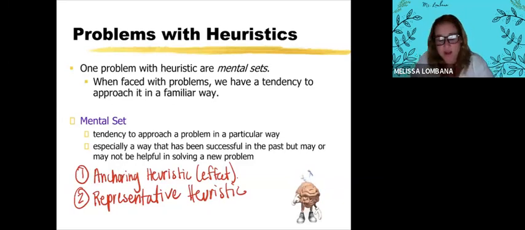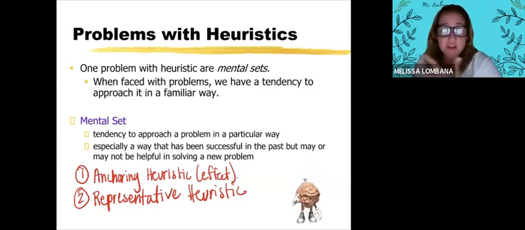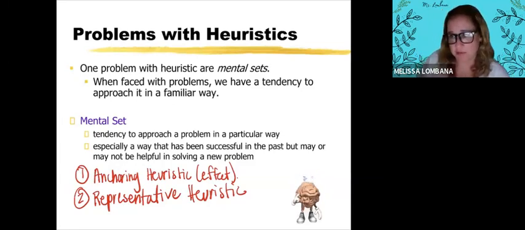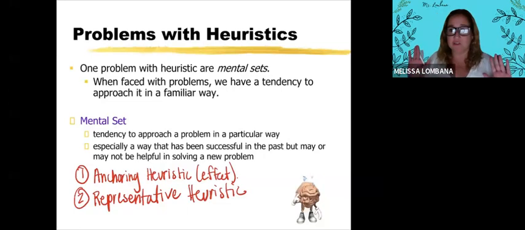This is when you're forming opinions or thoughts based on how well the situation matches your prototype. So what you're doing is creating an assumption based on whether this situation fits your prototype.